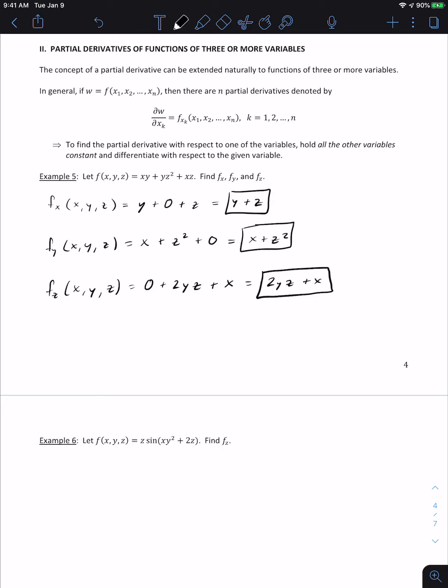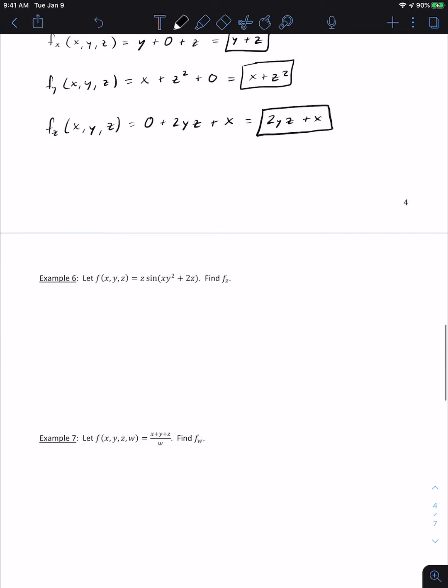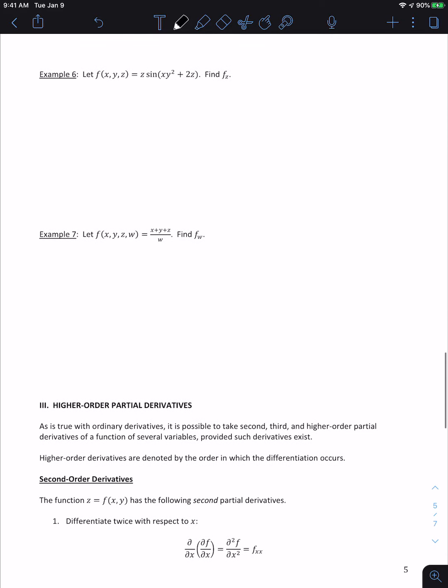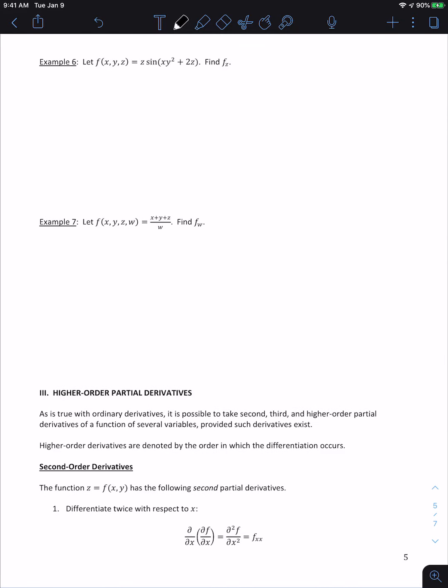Okay, so let's look at one that's a little bit more interesting. How about if we find f sub z for this function? In order to find the partial derivative with respect to z, we need to use the product rule, right?